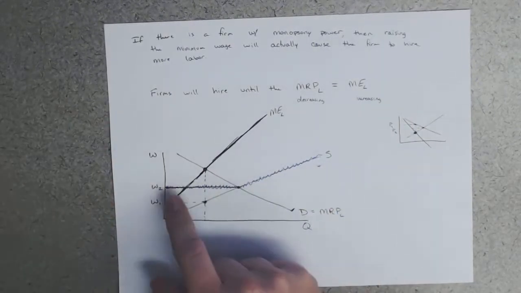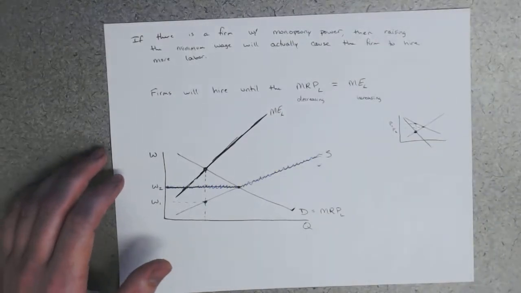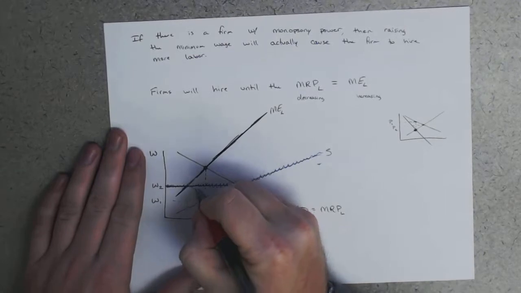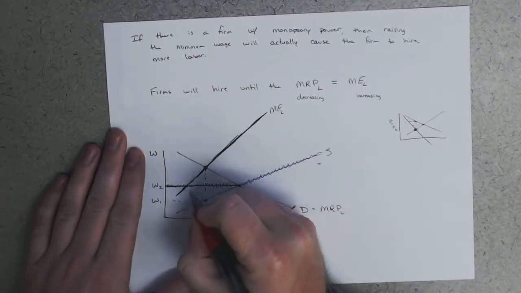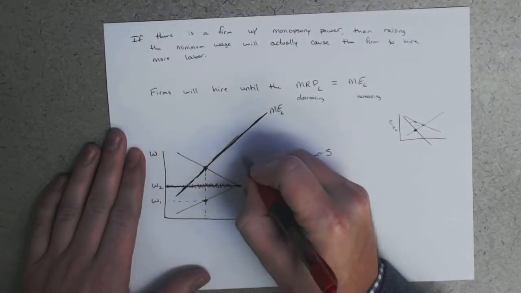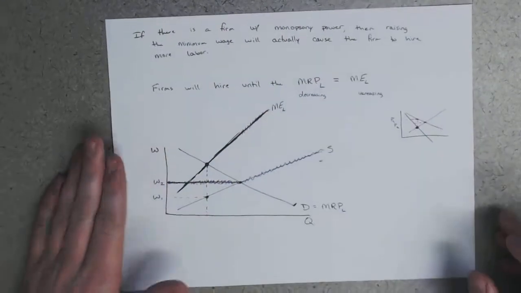And within that region, the marginal expense of labor also becomes kinked. And so the marginal expense of labor will go from here, and then it'll jump discontinuously up to here.